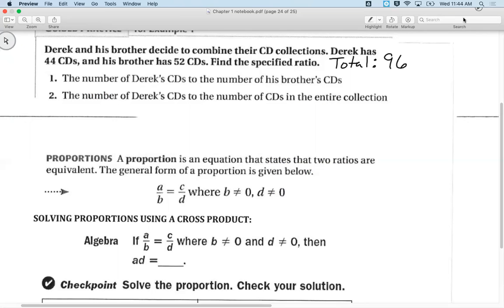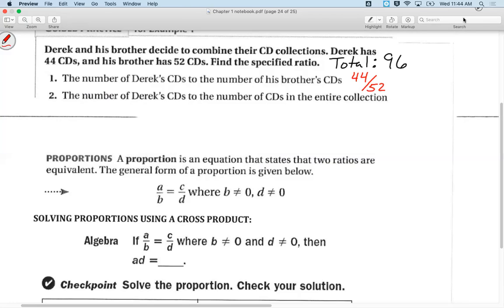How many CDs does Derek have? He has 44 CDs and his brother has 52. So 44 or 52? Yep. Now, can we reduce that?